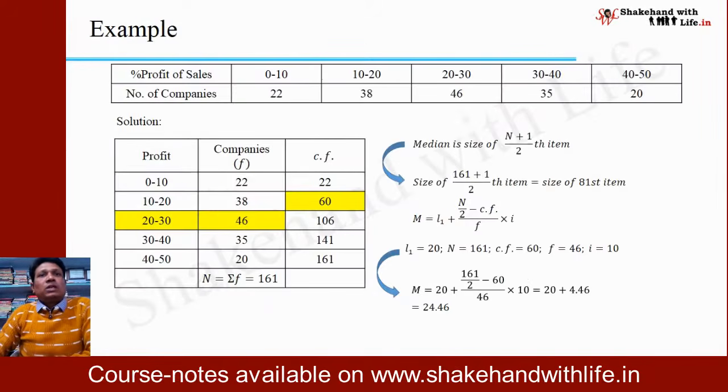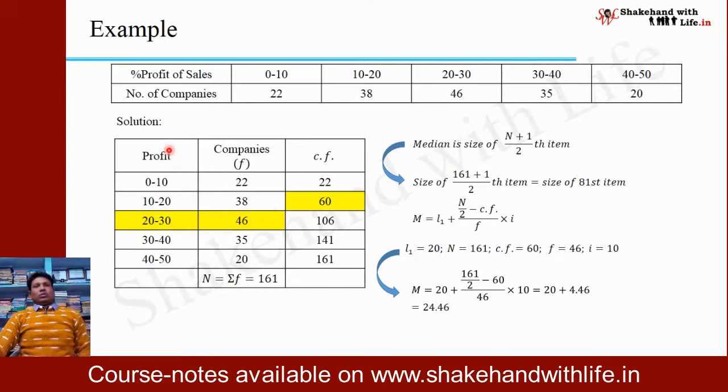So here is an example to calculate the median for a continuous data series. The percentage profit of sales is given in the first row. 0 to 10% earned by 22 companies, 10 to 20% earned by 38 companies, 20 to 30% earned by 46 companies, 30 to 40% earned by 35 companies, and 40 to 50% earned by 20 companies.